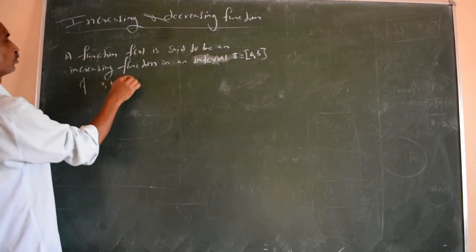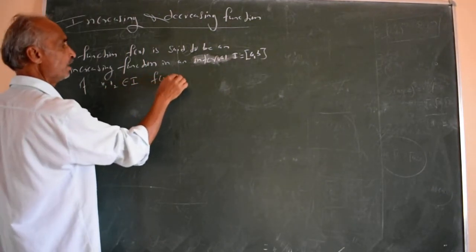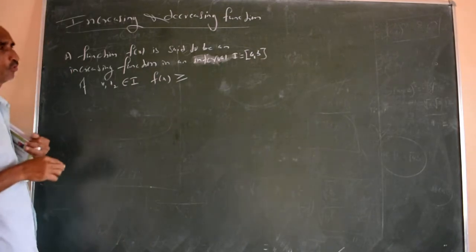If x1, x2 belong to I, then f of x1 is greater than or equal to f of x2.